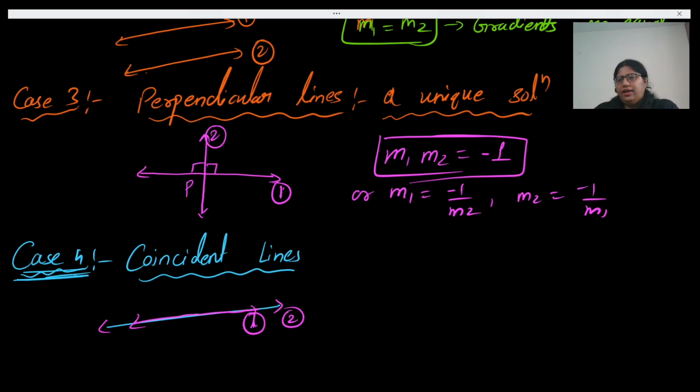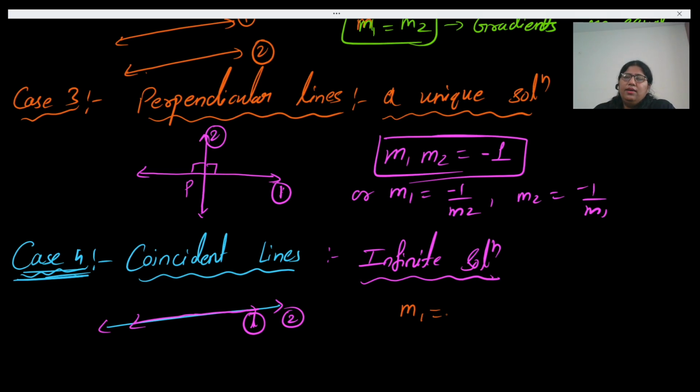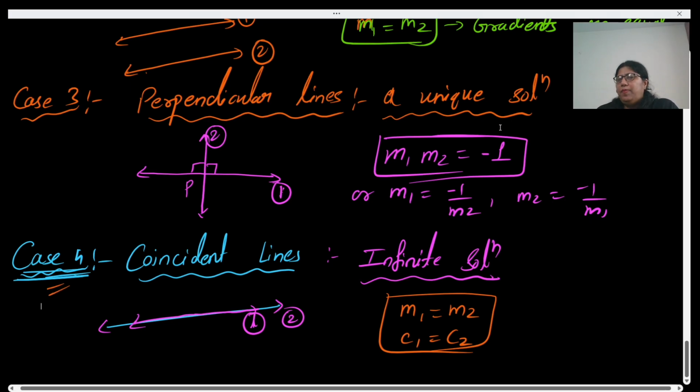For coincident lines there will be infinite solutions. Infinite solutions means we can't find one answer by solving; you can't write any unique solution. But in this case also, the gradients are going to be equal and their intercepts are also equal. That means they are going to fall on each other. Generally, you don't see this in many places, correct?